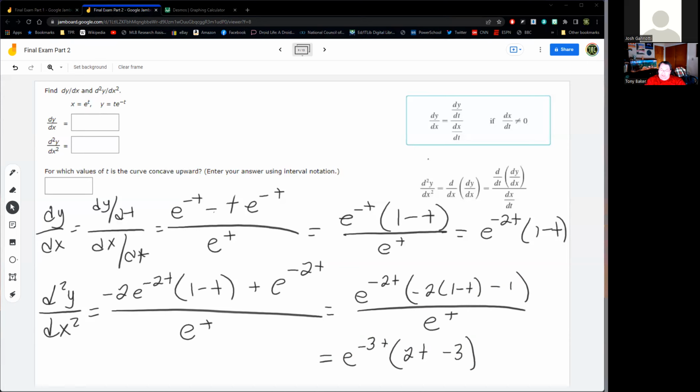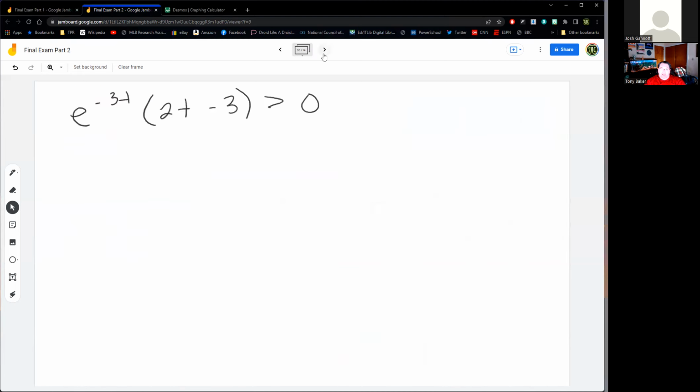All right. So that's got to be greater than 0 for my concavity. Since e to the negative 3t can never be negative, the first one's always going to be positive. So I just have to worry about 2t minus 3 being greater than 0. So 2t is greater than 3.